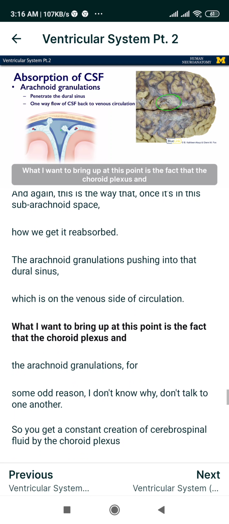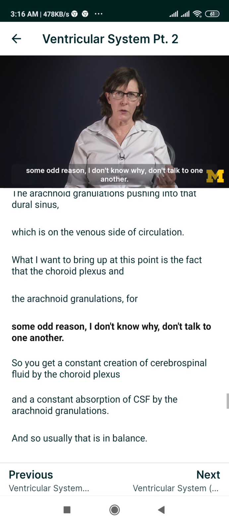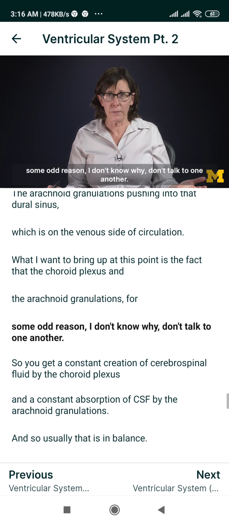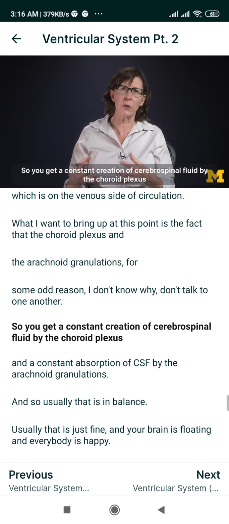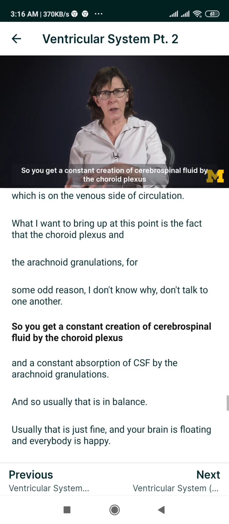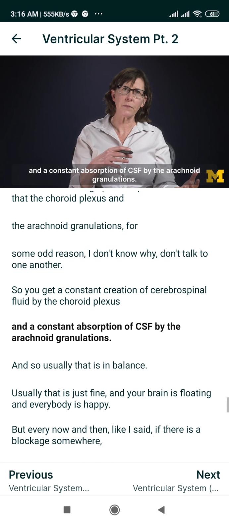What I want to bring up at this point is the fact that the choroid plexus and the arachnoid granulations, for some odd reason, I don't know why, don't talk to one another. So you get a constant creation of cerebrospinal fluid by the choroid plexus and a constant absorption of CSF by the arachnoid granulations.